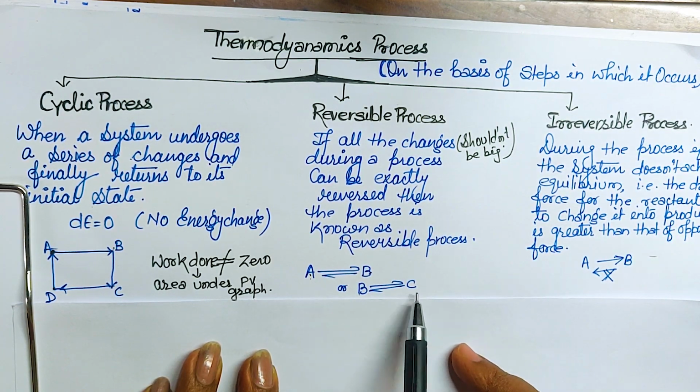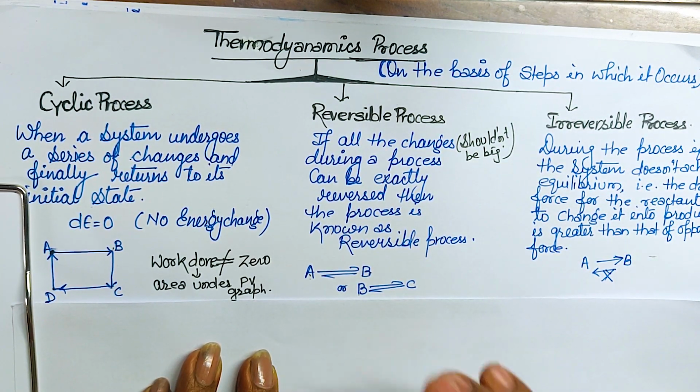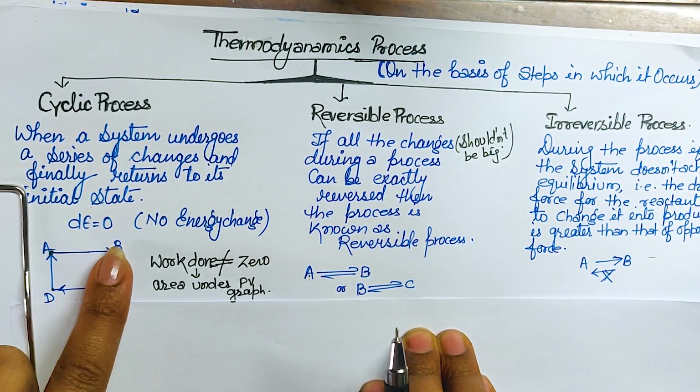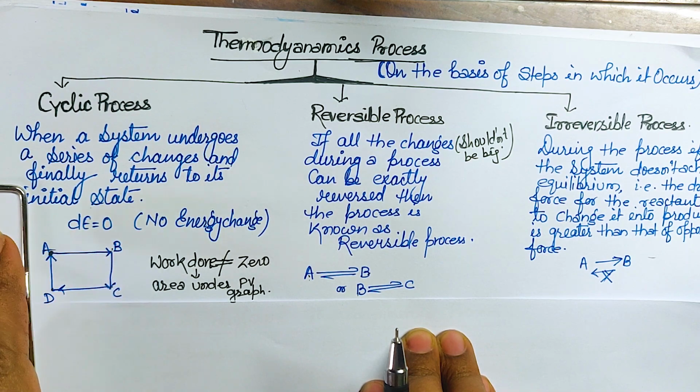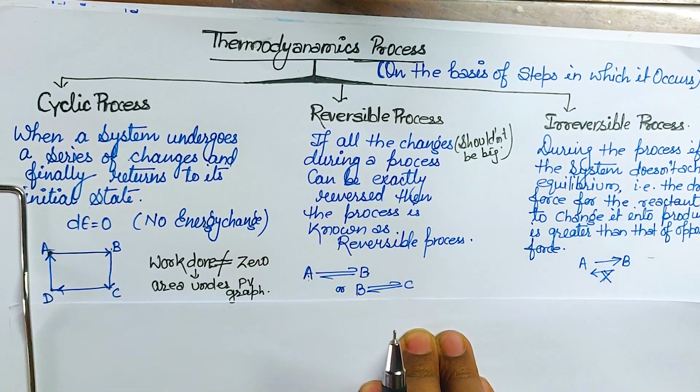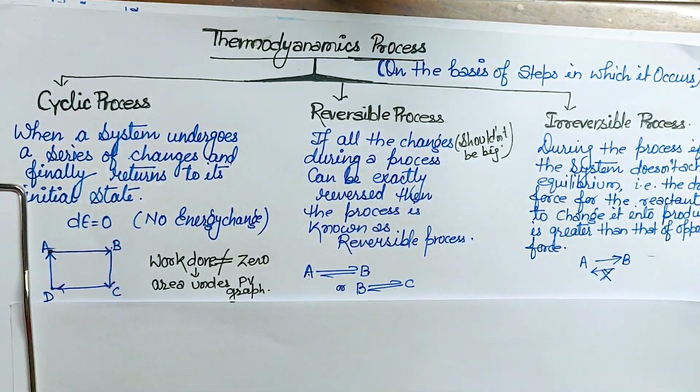Similarly, if B changes to C and C changes to B, then it is reversible. But in the cyclic process, A changes to B, but B is not changing back to A; rather it is changing to C. Are you getting it? So this is the cyclic process, and this one is the reversible process.